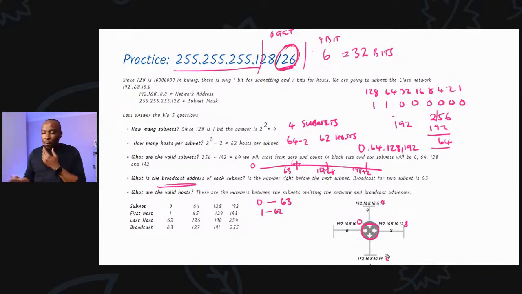And that's how we subnet our networks in order for us to break them down into ways that are more meaningful in our organizations. And we can then make the networks much smaller and bigger depending on what we want to achieve.